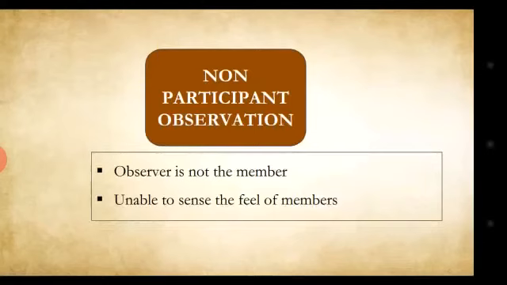So he will not be able to sense the real feel of the members because he is just observing from outside the environment where the action is taking place. So this is also a kind of observation where the participation of the observer is not there.